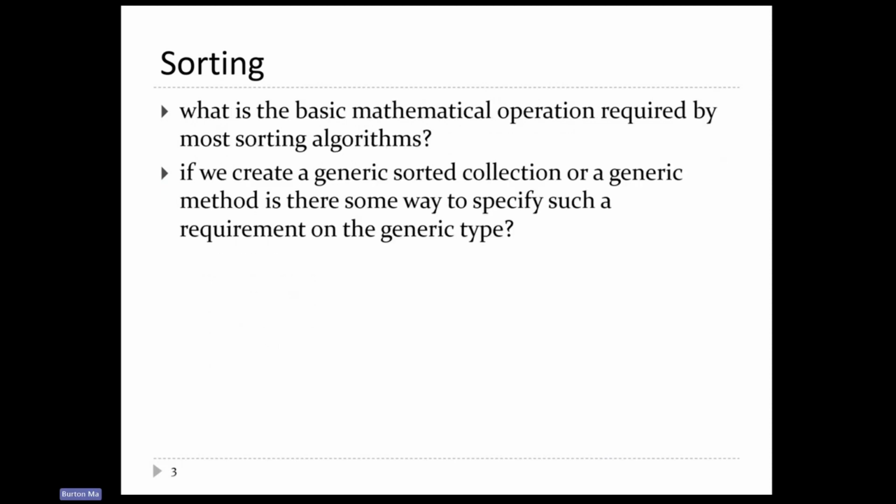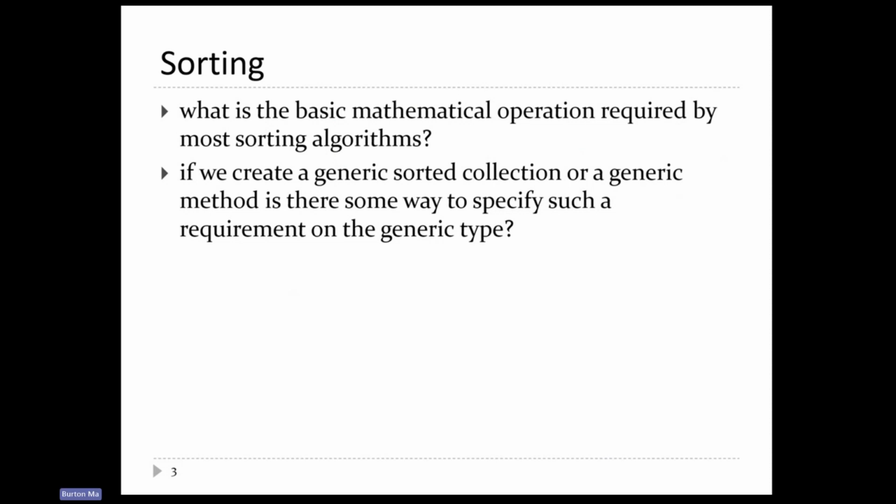Okay, so when you sort stuff, the standard way, or I guess the generic way of sorting stuff depends on a particular mathematical operation, right? So when you want to sort something, the standard sorting algorithms do a comparison, right? Is this element less than another element, or is this element greater than another element, right? So the basic mathematical operation required by most sorting algorithms is comparison.